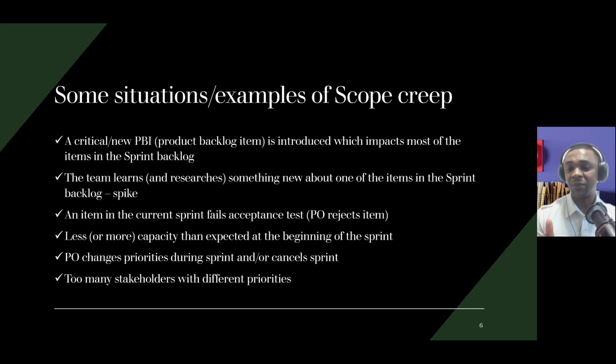So what I needed to do was follow up on that, and I met with the stakeholder in question and asked if we could follow the right Scrum process to get that done. The stakeholder understood, so he met with the product owner, and they were able to prioritize that, and we were able to do that. So when you have too many stakeholders with different priorities, it could also contribute towards that kind of scope creeping.